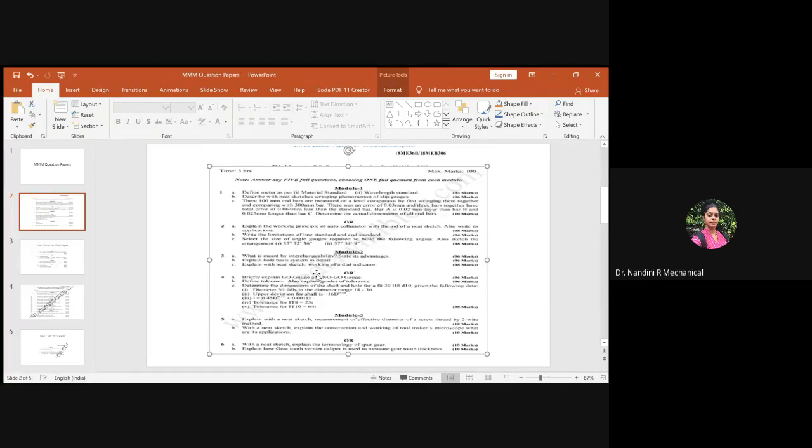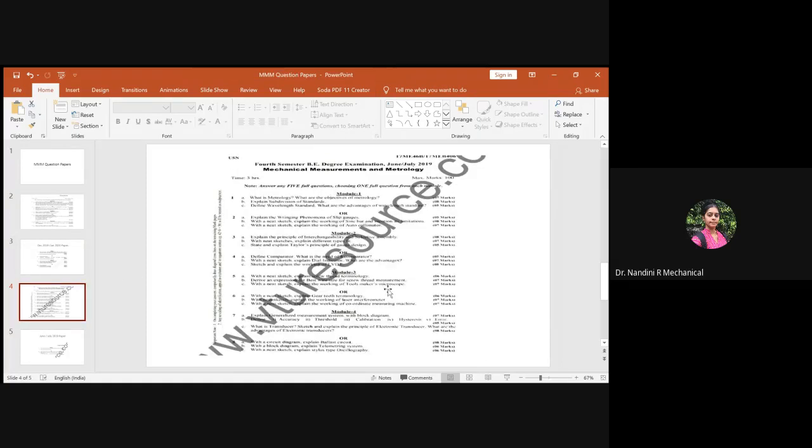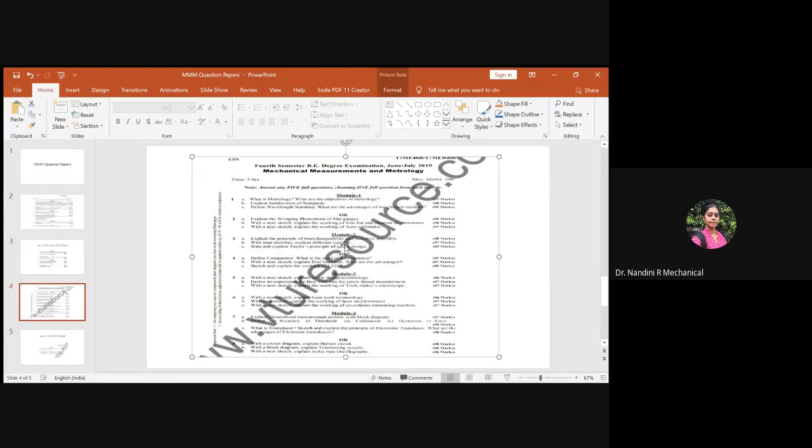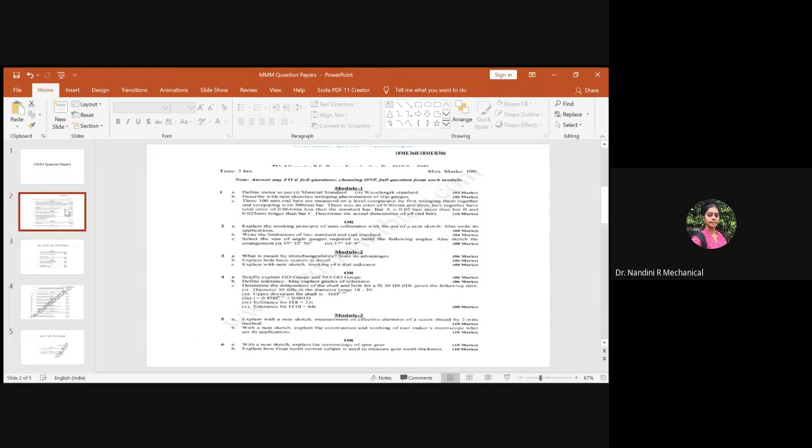So this is how the pattern for module 2 looks like, and in the last to last year's paper also. If we look at module 2, they have again asked you the principle of interchangeability and selective assembly. So what is the principle behind it? Previously it was only interchangeability and it was given for 6 marks to list out the advantages also.